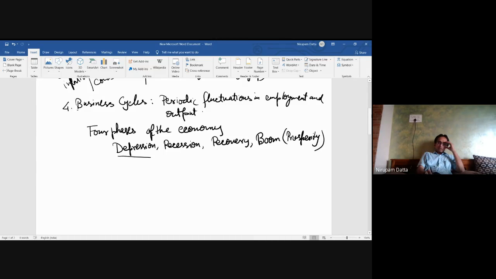So depression means when there is severe fall in output and employment. Recession is also reflecting that phase of the economy where there is a fall in output and employment, but that is basically of a moderate or mild fall in output and employment.